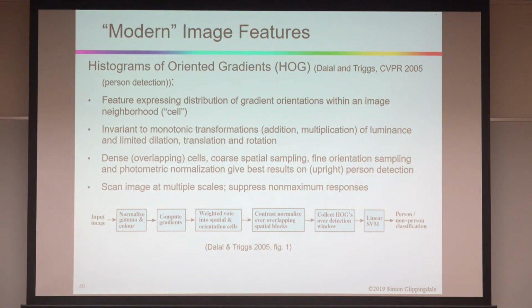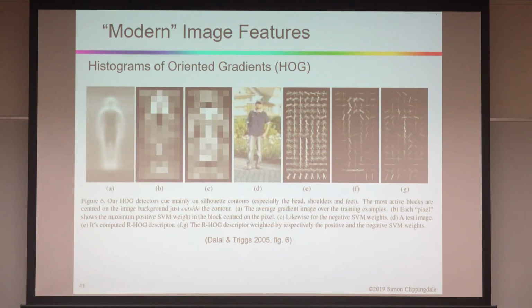These also tend to be quite invariant to monotonic transformations like luminance, and to a certain extent dilation and shifts, translations and rotations of the image. You don't need to worry about all this, but here's a typical example.